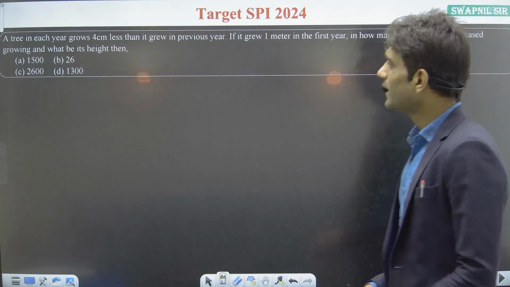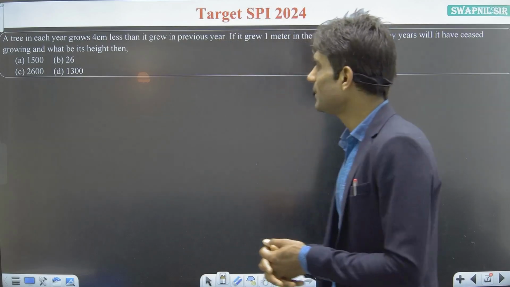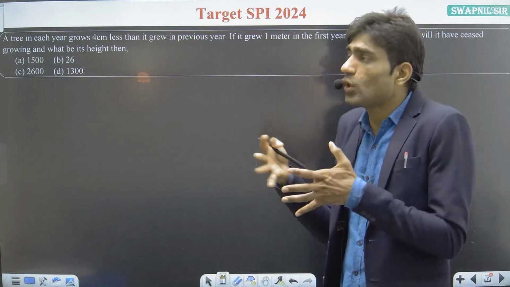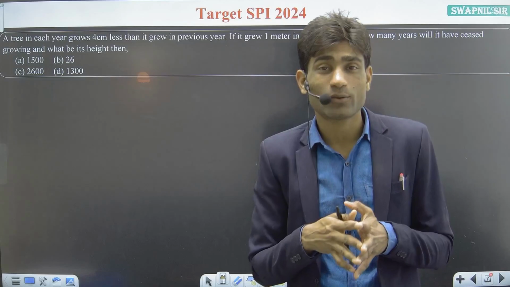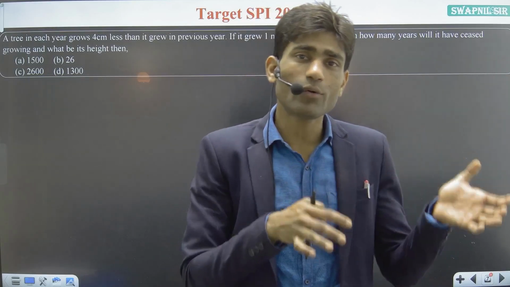In our next example, a tree in each year grows 4 centimeters less than. What is given? The tree is growing every year, but the growth is a decrement. That means every year it grows less than the previous year.